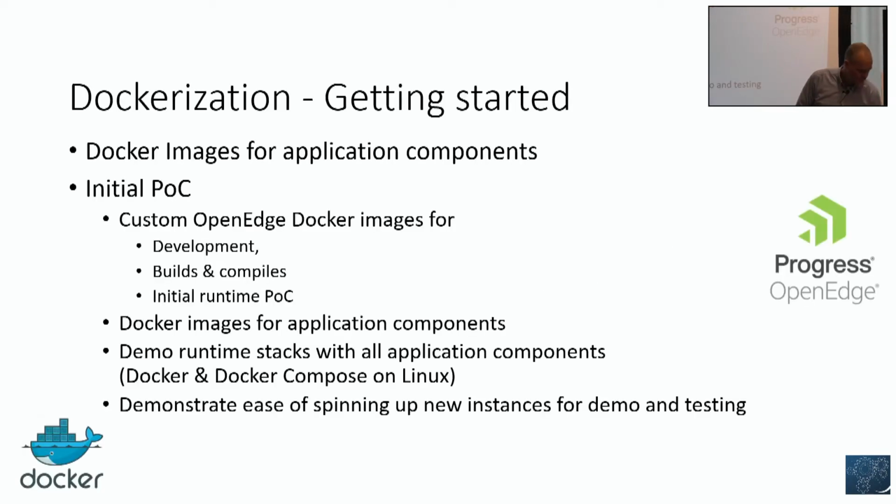So when we're setting up an environment like this, one of the important things to look at is what are the different components of the application, and how do we divide it into images. We're not going to go into a lot of detail with that here, but we end up with a number of custom OpenEdge images that we can use for development and build and compiles and so on.